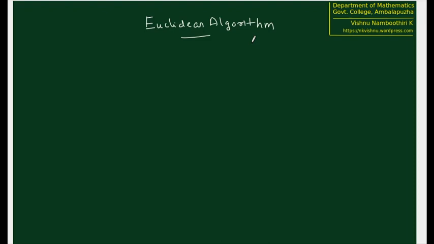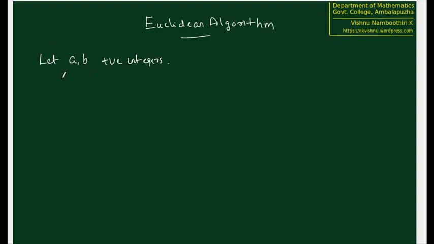The most important observation that leads to the Euclidean algorithm is the following. Suppose that we are given two integers a and b, and for convenience, we are going to assume that a and b are positive integers.